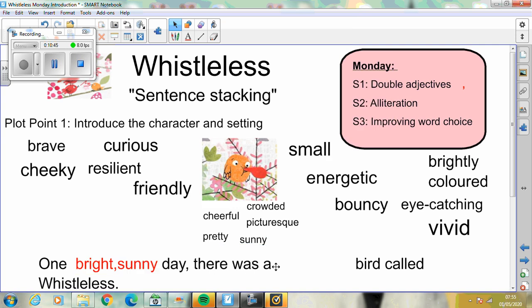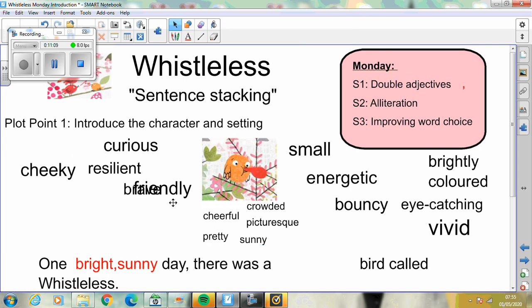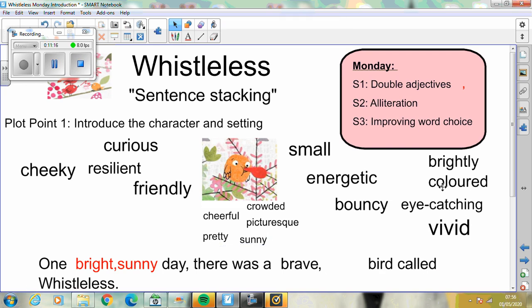One bright sunny day, there was a something, comma, something bird called Whistleless. And here I'm going to pull out some of my examples. One bright, comma, sunny day, there was a brave, brightly coloured, let's see if I can drag that in.